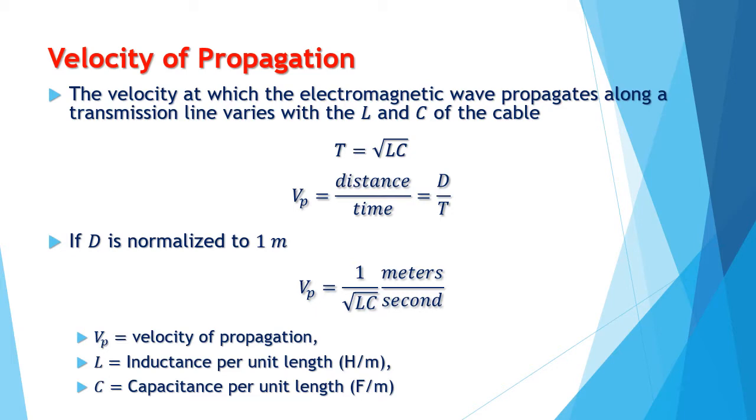If D is normalized to 1 meter, V_p = 1 / √(LC), wherein V_p is the velocity of propagation, L is the inductance per unit length, and C is the capacitance per unit length. Take note of the units.